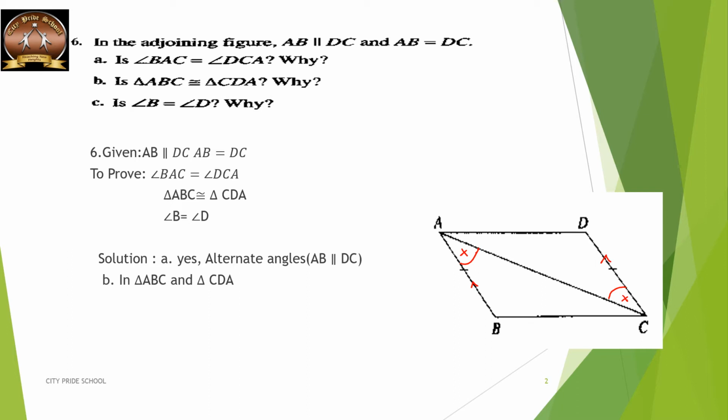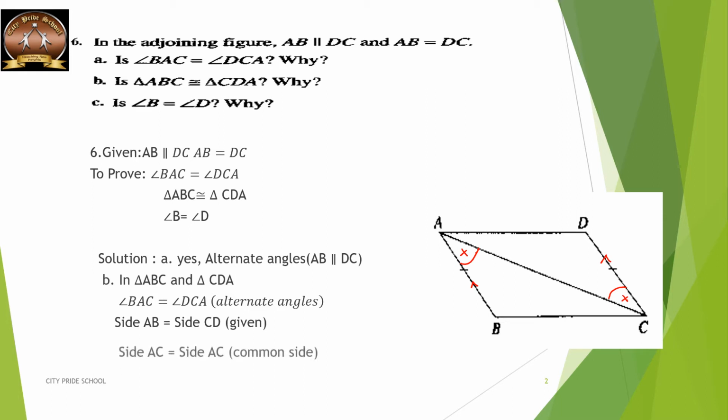So I have taken here that in triangle ABC and triangle CDA, you already know that angle BAC is equal to angle DCA because AB is parallel to DC, that is alternate angles. Okay, now side AB is equal to side CD. This is given.